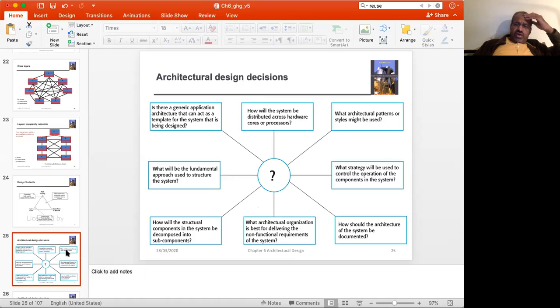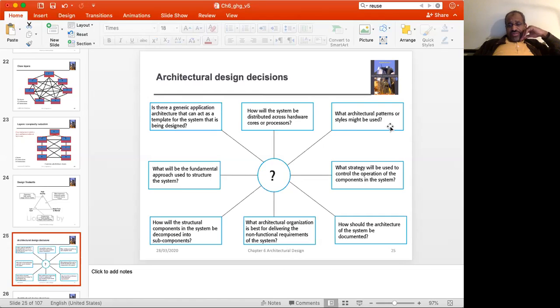Here is the range of architectural design decisions that you need to make, and where architectural design representations support you. You make a decision about whether there's a generic application architecture that can be used, that can act as a template. How will the system be distributed across hardware, processors, or just hardware?